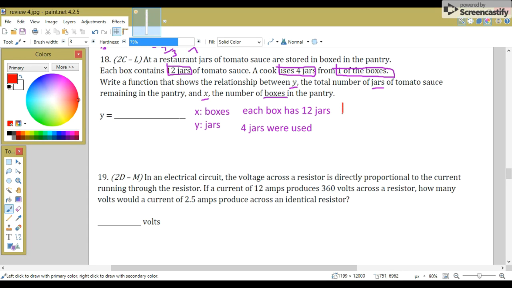That basically means we have 12 x's, 12 jars per box. And then we have y, the y jars. We have 4 jars that were used. So that means we're going to have minus 4. So our equation is y equals 12x minus 4 to get the total number of jars left in the pantry.